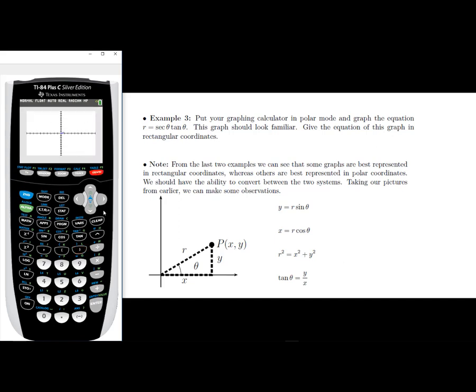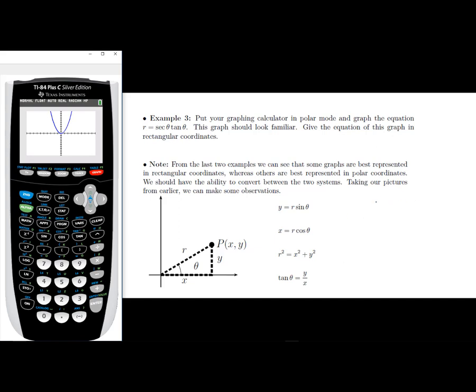And I'll hit graph and see what happens. So I get this graph here, and it certainly looks like a pretty familiar graph from rectangular coordinates, right? It looks just like a parabola. Okay, so let's see if we can convince ourselves that this in fact is a parabola.